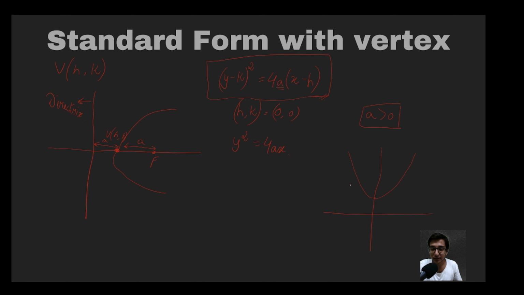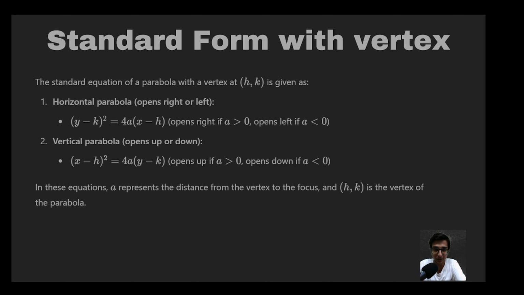And for this, the standard equation would become (x minus h) whole square equal to 4a(y minus k). The vertex is here, again we write it as (h, k). So that is how the standard form of vertex works.